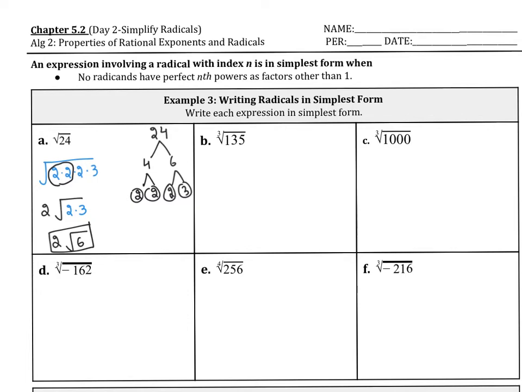I'm going to do the same step and make a factor tree. So that's going to be 5 times 27, and that's 9 times 3, and 9 is further divided into 3 times 3. So the end numbers are 5, 3, 3, and 3.